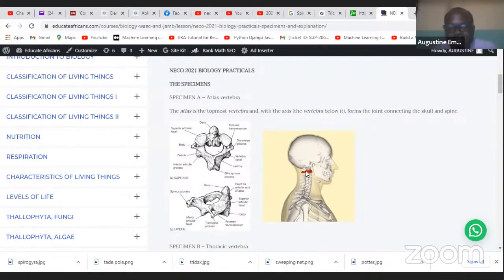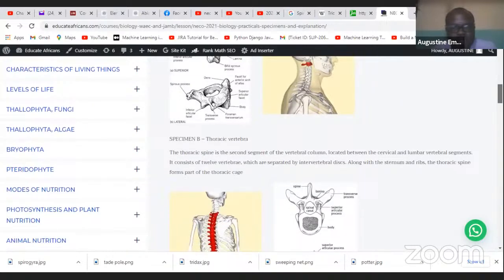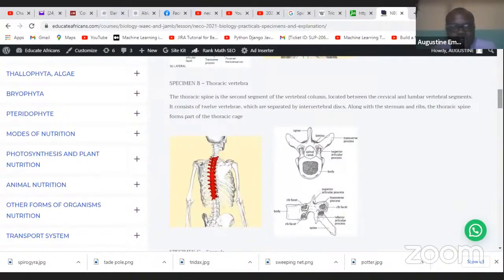So you can see where you can locate this in the normal skeleton, just at the beginning, supporting the skull and the neck. And when you go down, you see the thoracic vertebra. Let's look at the explanation.